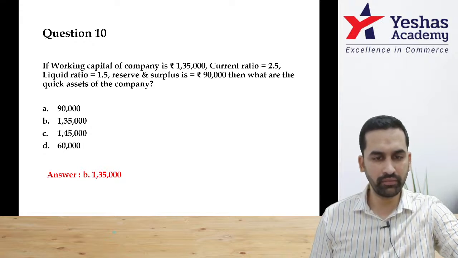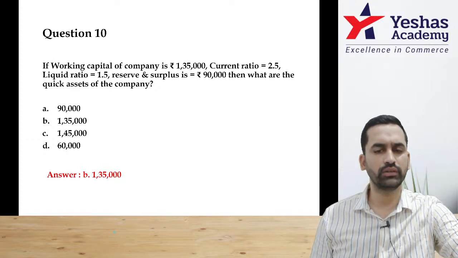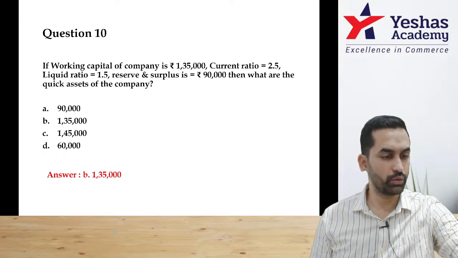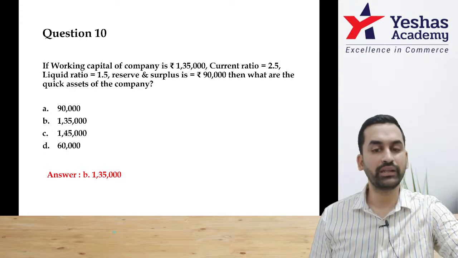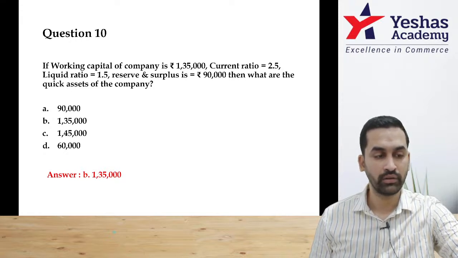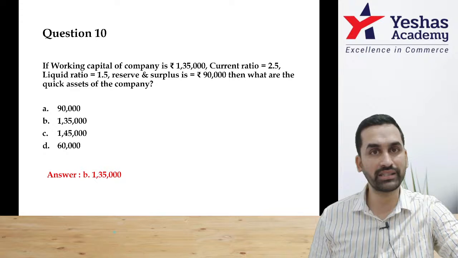Now, one by one, you are getting the correct answer. You will not get 90,000. It should be 1,35,000. B is the answer. Guys, please read. Question is quick assets. Quick asset is CA minus stock.